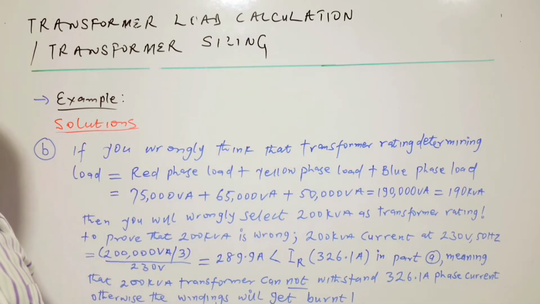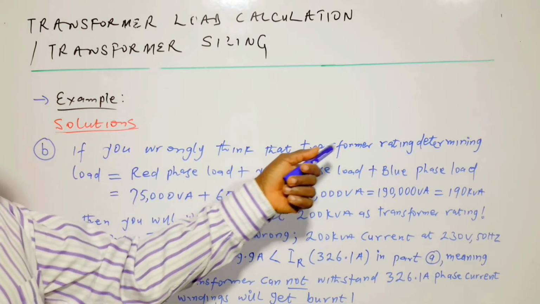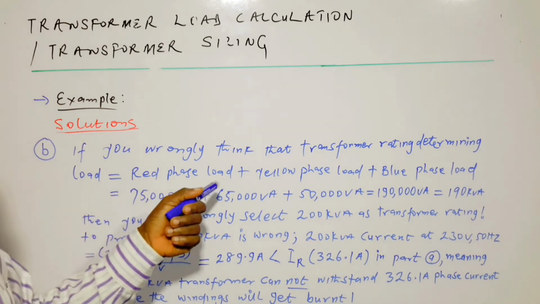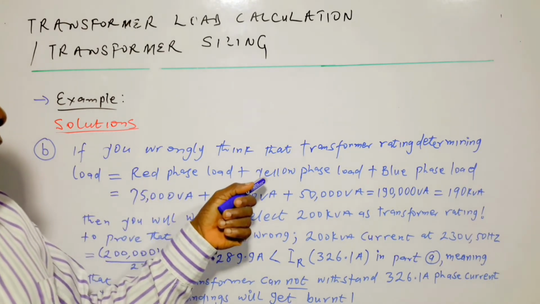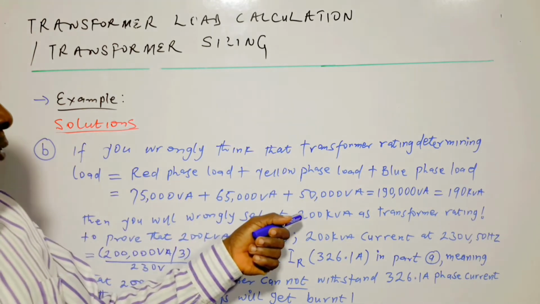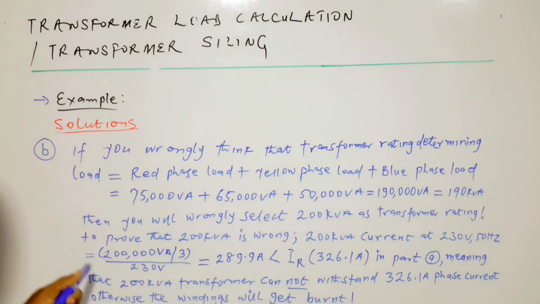Now, coming to the B part, if you wrongly think that the transformer rating determining load is equal to the algebraic sum of the phase loads, then you will wrongly select 200 kVA as the transformer rating.